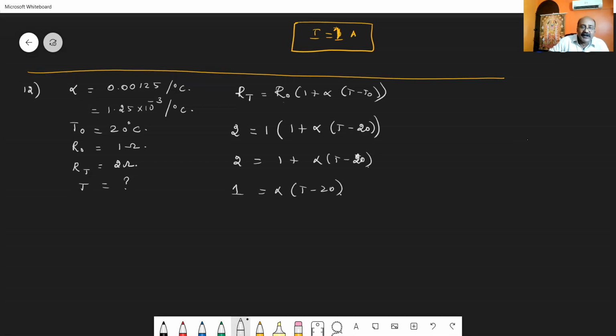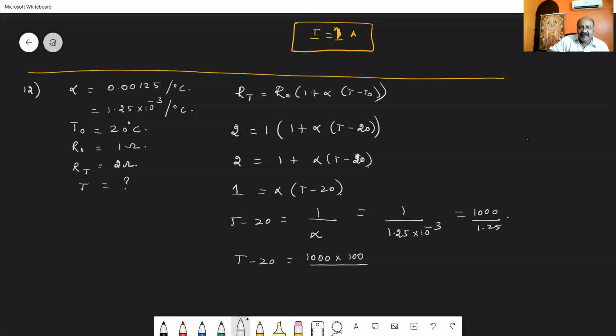So take this alpha to the other side. I can write T minus 20 is equal to 1 divided by alpha. Then 1 divided by alpha is 1.25 into 10 to the power of minus 3. Take it to the numerator, I can write 1000 divided by 1.25. So T minus 20 is equal to 1000 into 100 divided by 125.